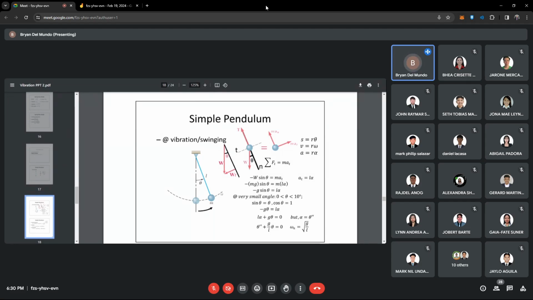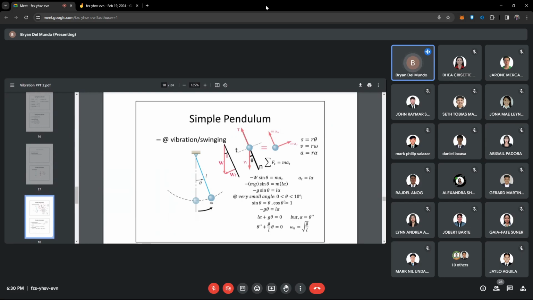So mapapansin nyo, nag-move back and forth yan into a curvilinear path. So as you can see, the formula for our displacement is also equivalent to the formula natin when we are trying to solve the arc length. So it has the same formula, R theta, wherein theta is in radians.